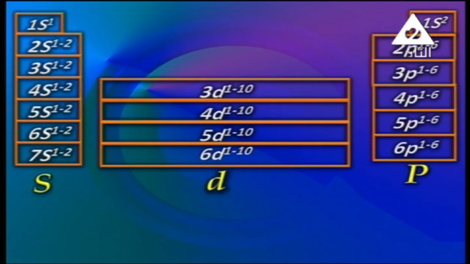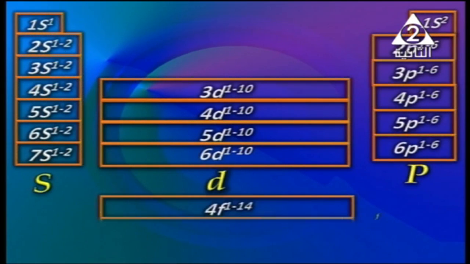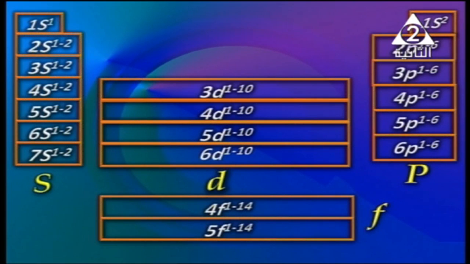In the middle of the periodic table, we find the elements whose electronic configuration ends by filling the d sublevel, and we call them d block elements. And below the periodic table, we find the elements whose electronic configuration ends by filling the f sublevel.